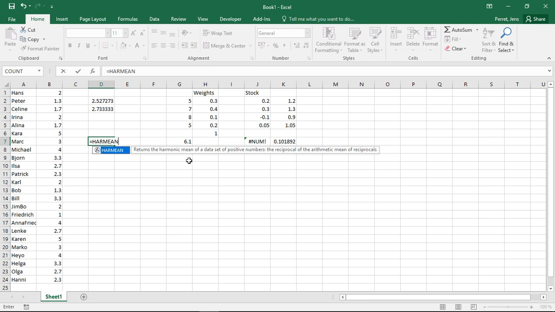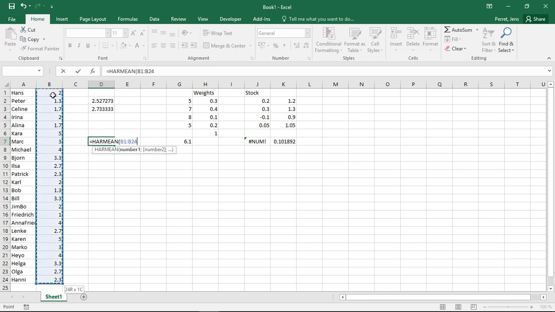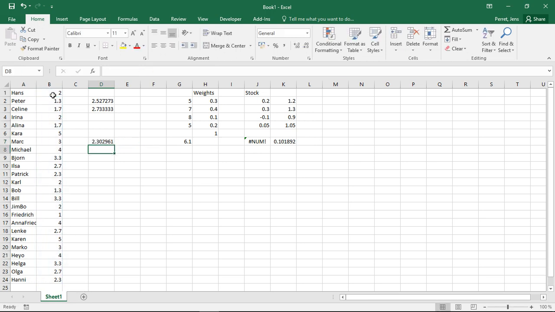As it says here, harmonic mean of a data set of positive numbers. So again, we have to ensure, similar to what we did here, that our numbers are all positive. Well, in this data set they are. So I would get here a harmonic mean of 2.3. As I said, usually it's not applied to absolute data, but more to something like acceleration or something like this.